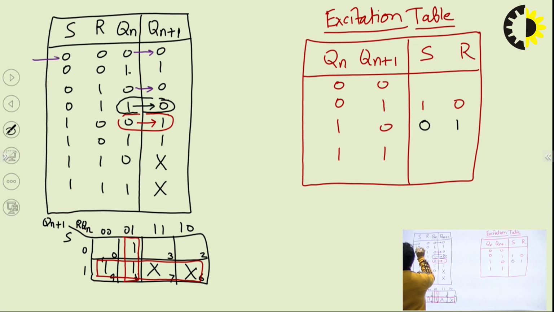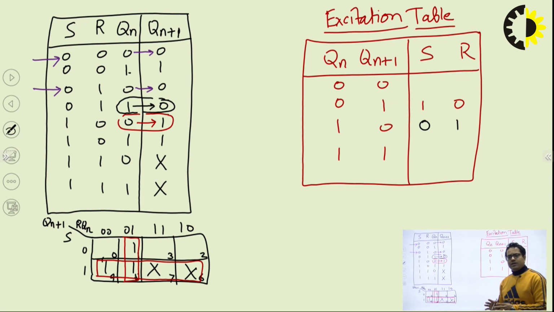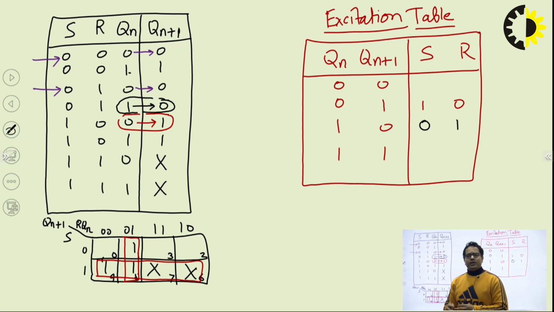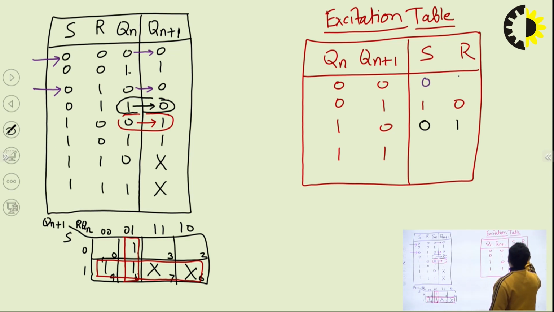Just observe the value of the SR terminals. The value of the S terminal is remaining the same. It's just holding the value, that means it is not changing from 0 to 0. But in the case of R, it is changing from 0 to 1. That means for S, we will write 0. But for R, we will write don't care. It can be 0 or it can be 1.